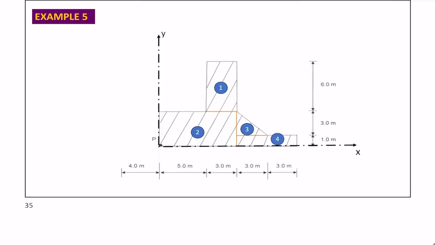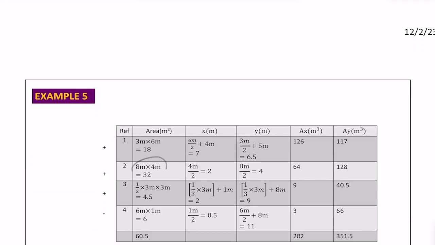Next is the second section here, section 2. First, we need to find the area. It will be 5 plus 3 meter, the width, and the height will be 3 meter plus 1 meter equal to 4 meter. Therefore, this is the area.